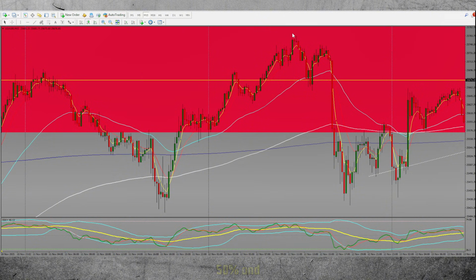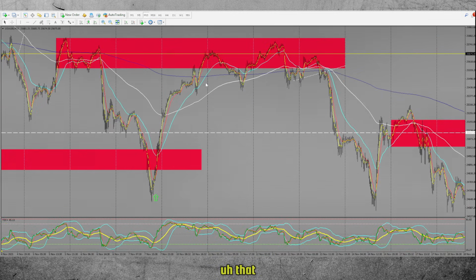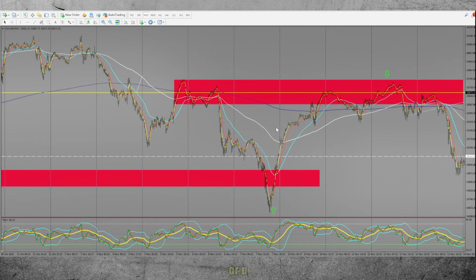We went above the 50%, and then we start to look for a candlestick reversal pattern, whereby its closure must be below the low of the previous candle, and we could get that candle in here. This was the first one that we are going to make use of, and our stop loss should always be above the order block, or above structure that is a recent high or a recent low.